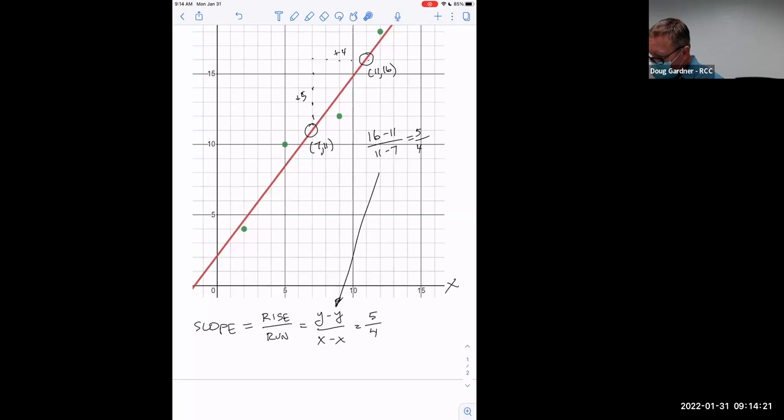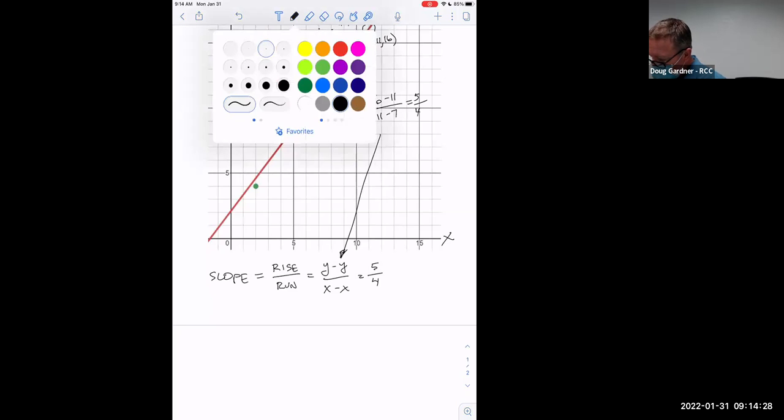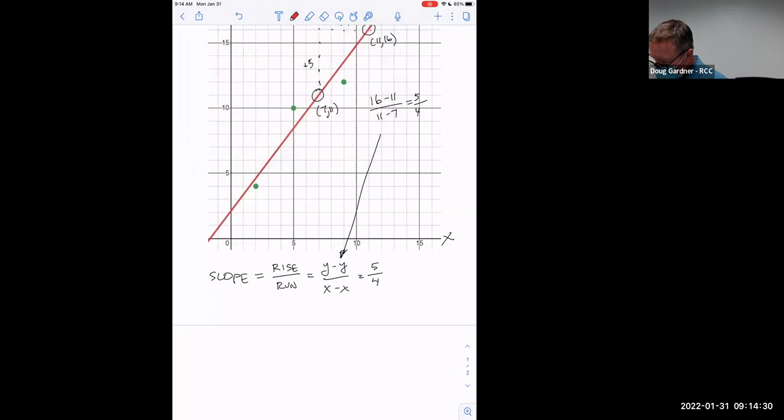So do you understand that I now know this equation is y equals 5/4 x plus something? So that's where the slope goes. I know my line looks like this.